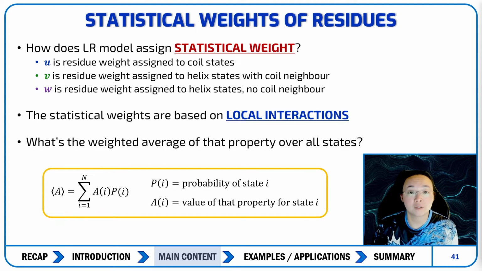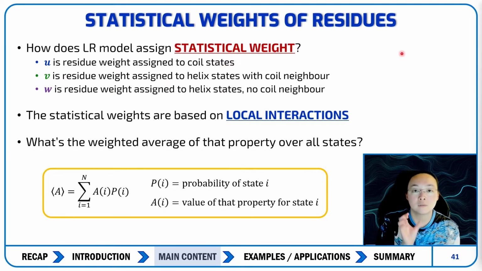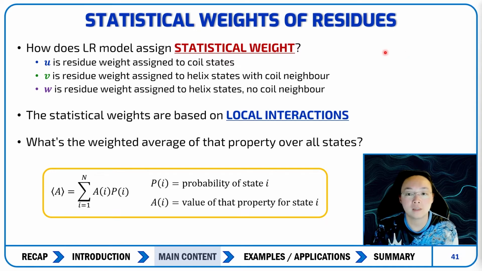So what kind of statistical weights can we assign using the Lifson-Roig or LR model? We're going to define 3 different residue weights. There is a reason for these 3 weights. We define U as the residue weight assigned to coil states. We will just call a C state a coil and assign it a statistical weight of U. But then what happens if you have neighboring monomers?